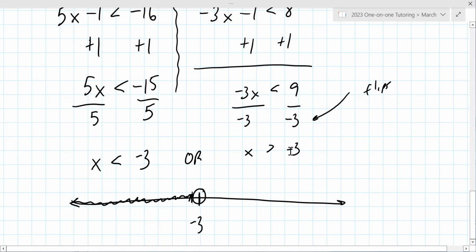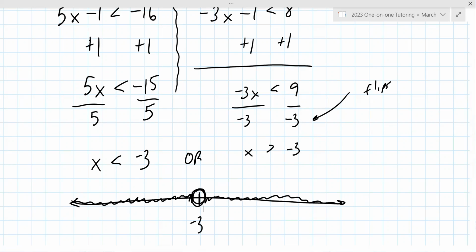For the one on the right, you start at the same number. Yeah, you start at the same number there. You're like, okay, open, and then I'll go everywhere to the right. So you fill out both sides? It's everything but -3.